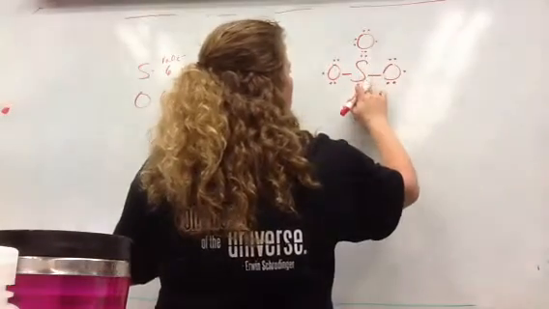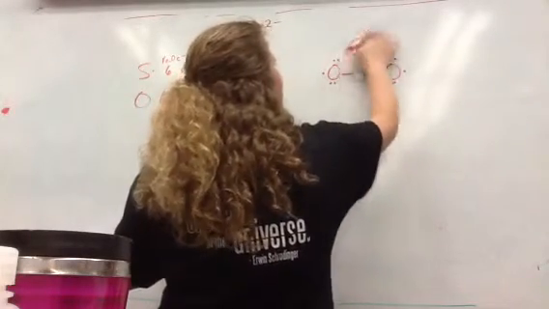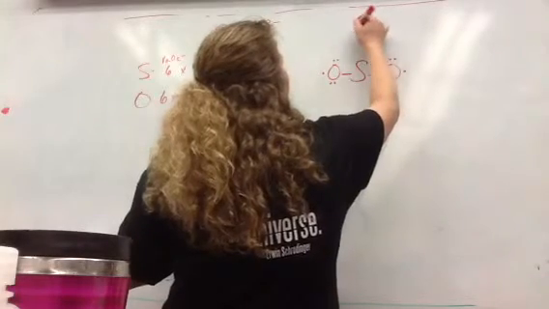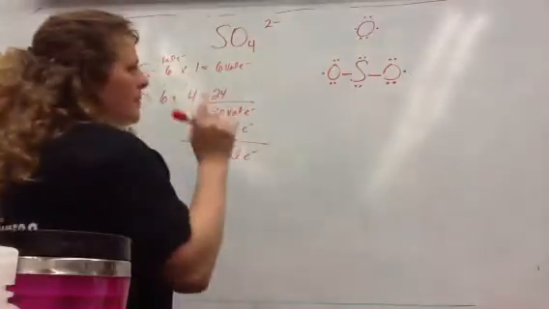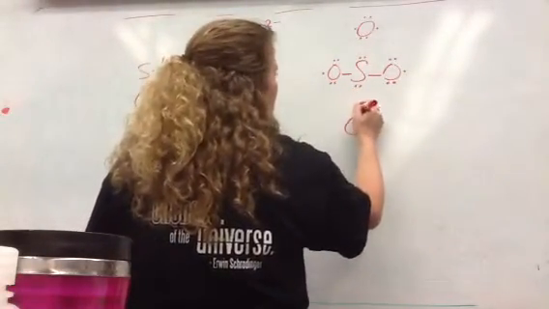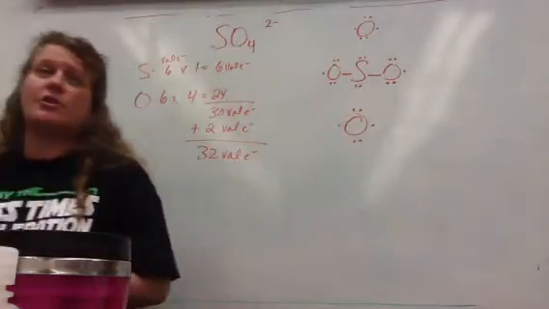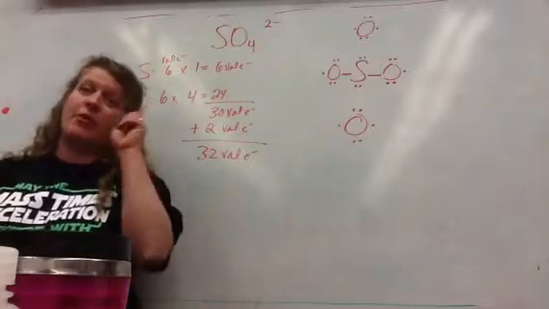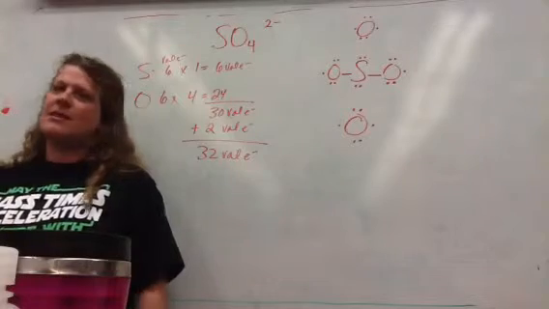Oh shoot, no. Tell you what, doing these is tricky. And I never managed to get through these without screwing it up at least once. I'll be perfectly honest. So when I tell you that you're going to screw these up when you do them and there's a little bit of trial and error, I mean it. I make mistakes too. And I just made one. That doesn't form a double bond.